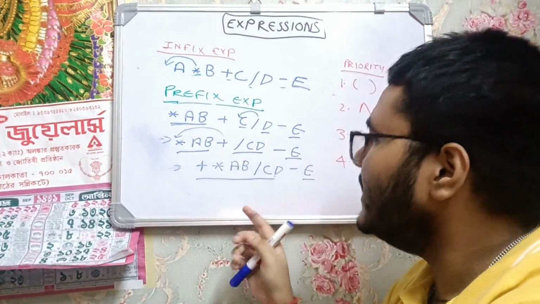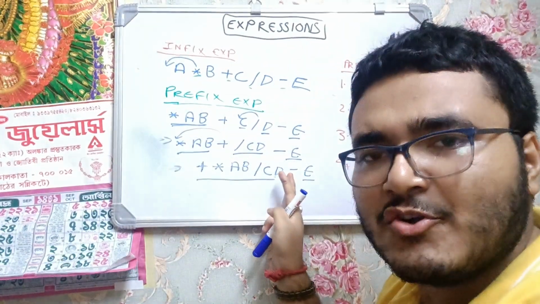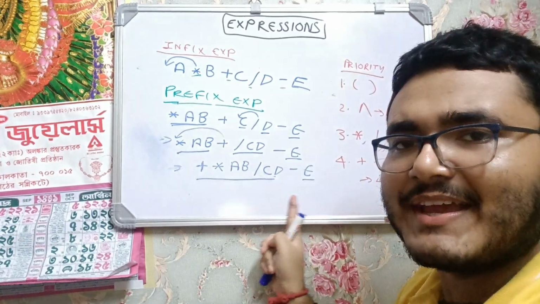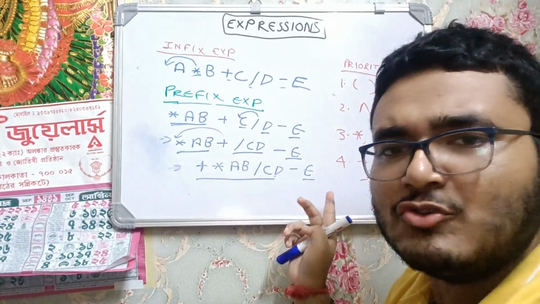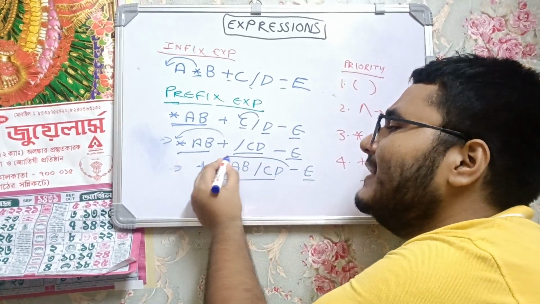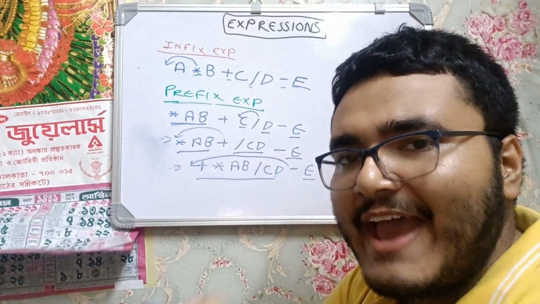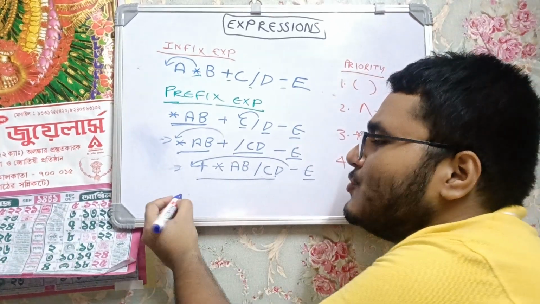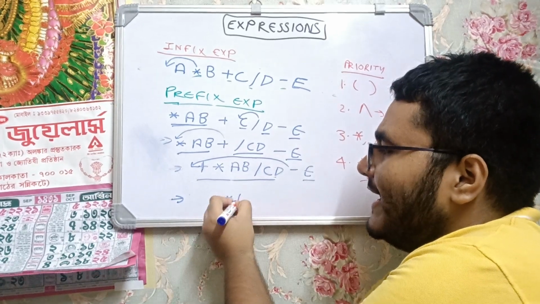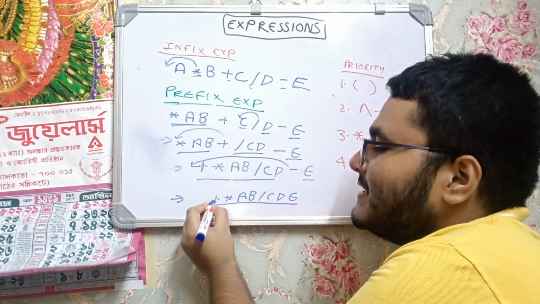Getting my point? So tell me, who is the last operator left? Minus. And who are the operands of minus? This whole is the operand for minus, the first operand, and this is the second operand, right? We are converting into a prefix expression. So where do you have to go? Towards the left, right? Towards the left, so take it to the left side of this operand. And because minus is moving, it will merge these two operands. So plus into a b by c d e, right? This thing is merged and turned into a new operand.